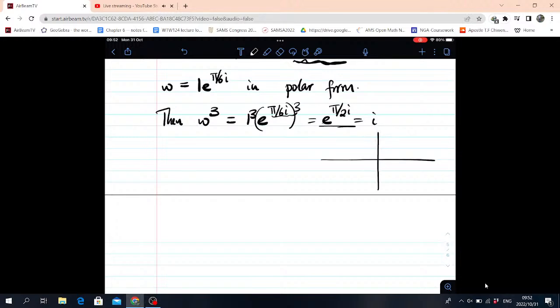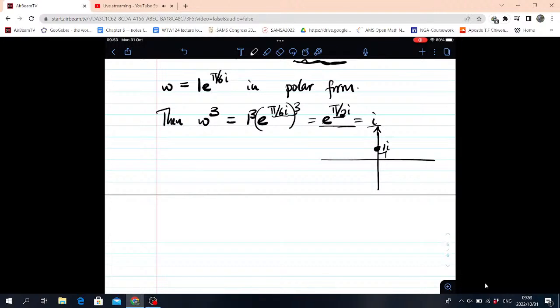So this complex number has modulus 1, right? And if you look at the argument here, it is pi over 2, so pi over 2 would be somewhere here. So the modulus is 1, so we expect it to be here, so it will be 1 I, or just I. So this would be our complex number there, right?